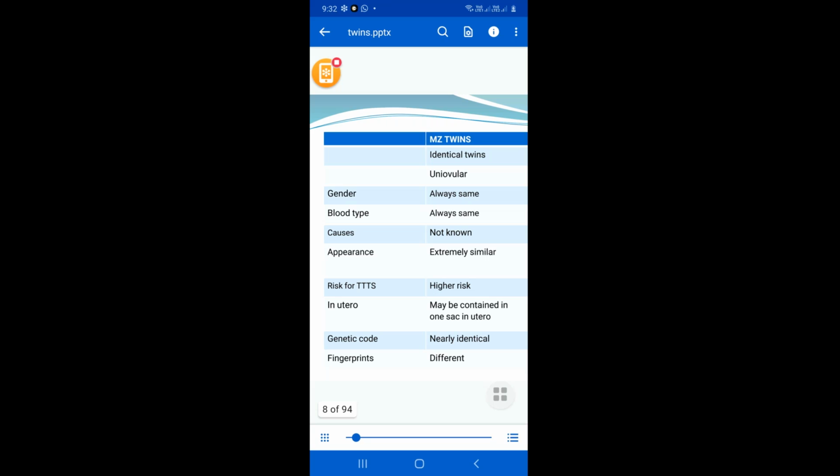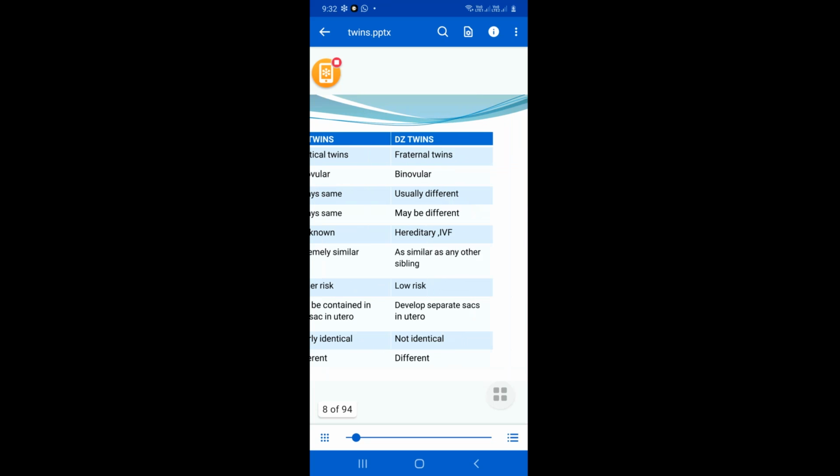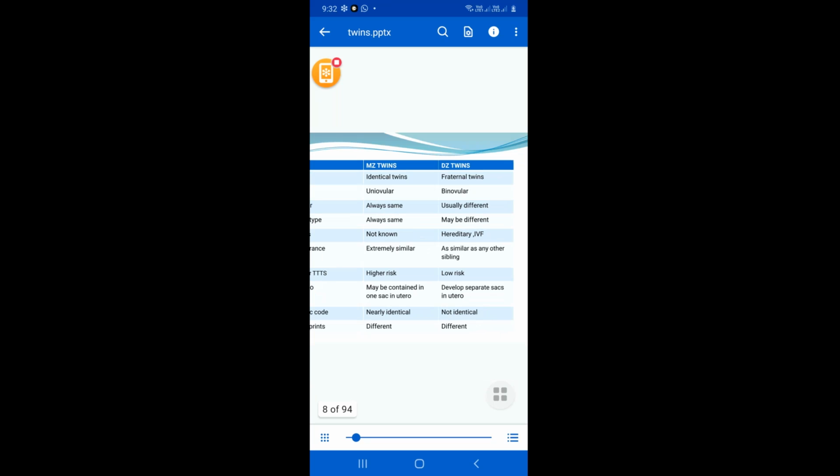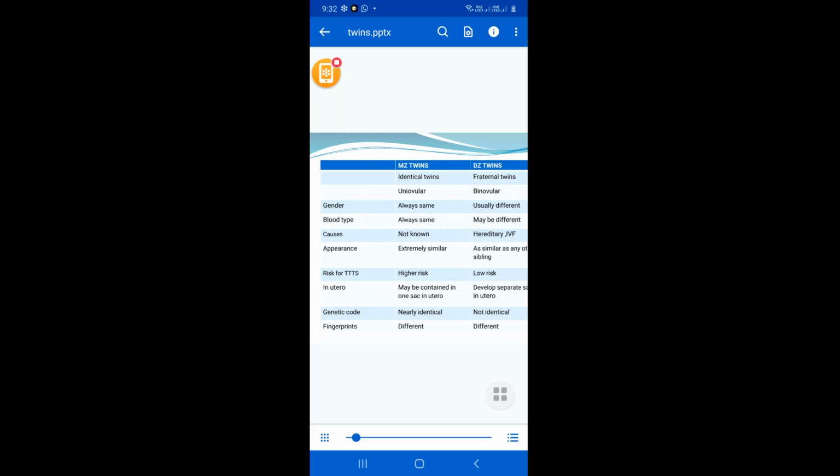But coming to dizygotic twins, what we know about dizygosity is that two different ovums have been fertilized by two different sperms. So they will be fraternal twins. Usually binovular is the same, two different ovums. Usually here the gender will be different.